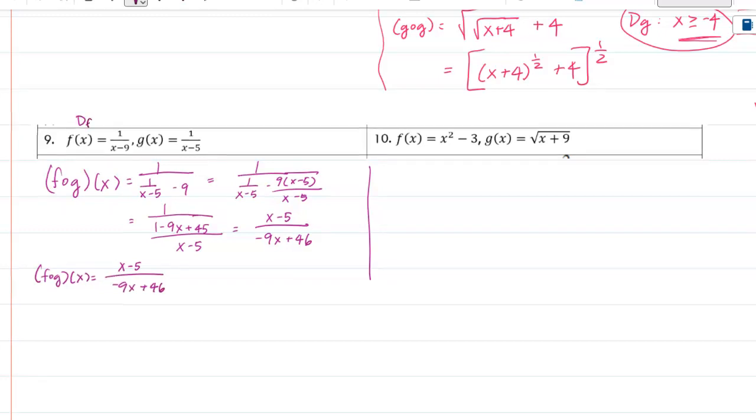I could define the domain of f: x cannot be 9. Domain of g: x cannot be 5. What was my input function? The input function was g, so that restricted the 5 from going in. And then I could take the composite function and set the denominator not equal to 0. Negative 9x cannot be negative 46, so x also cannot be 46 over 9.